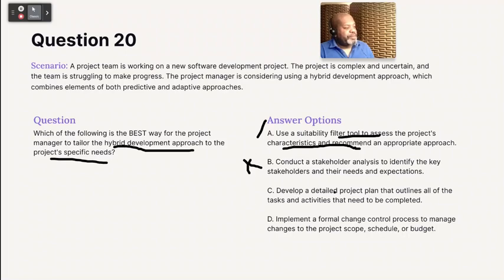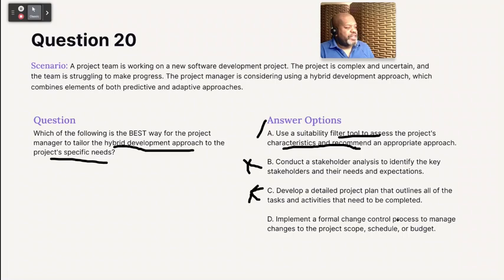Develop a detailed project plan that outlines all the tasks. So, okay, that could, but I think because we're in a hybrid, we need something a bit more fluid, and it doesn't actually give us determine what are the best ways. This is just a visualization tool, so I don't like that one.